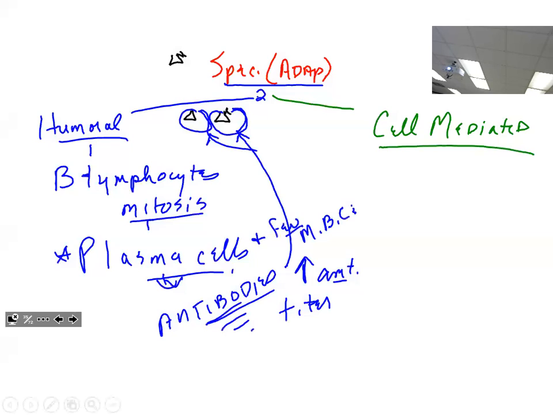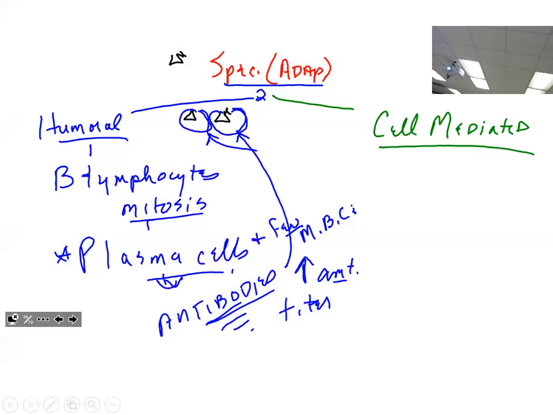These memory B cells are going to always be present the rest of your life. And so you will never get the signs and symptoms you had the first time, because that's all the function they have in your life, to look for that particular antigen.